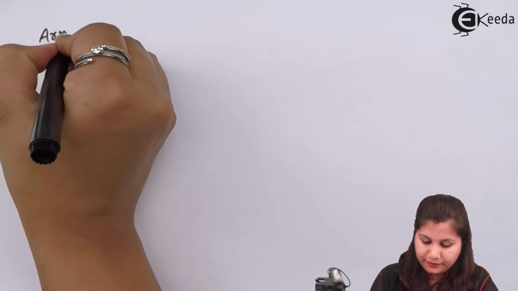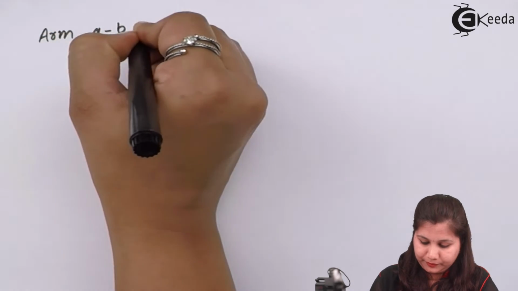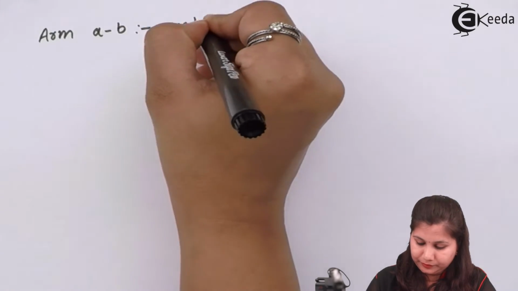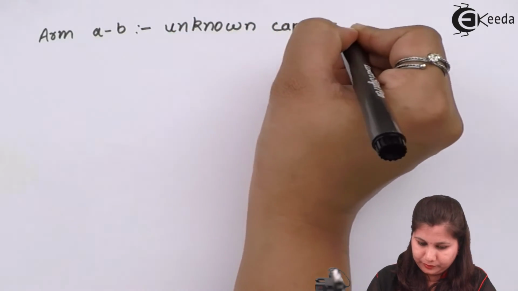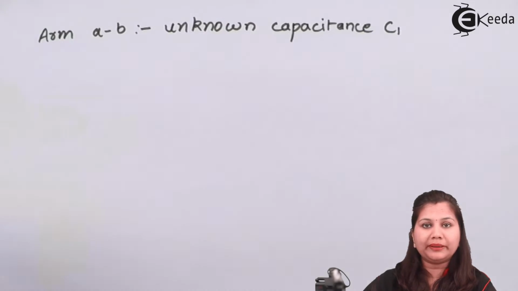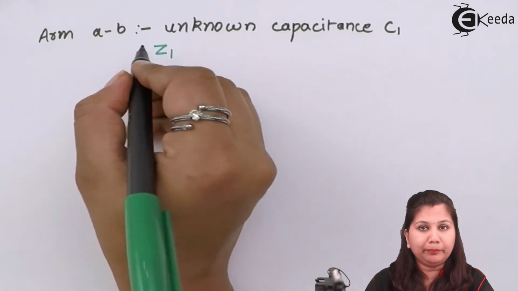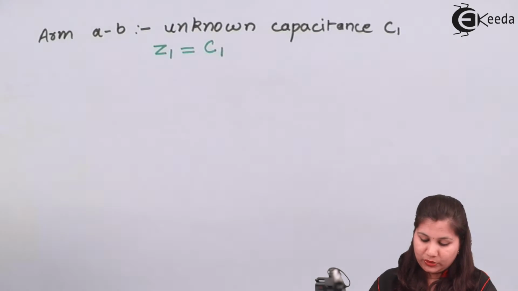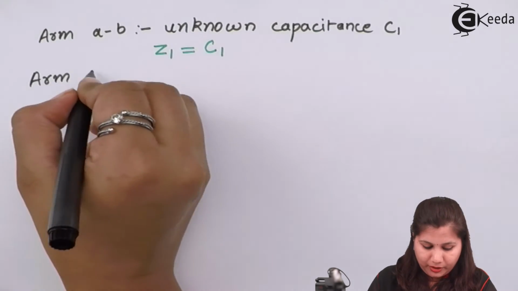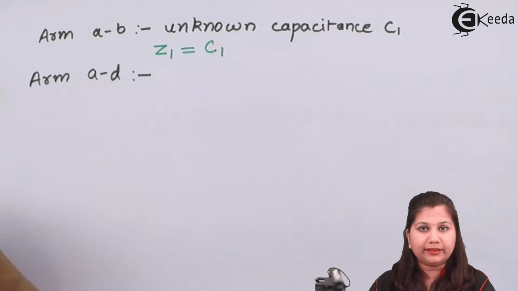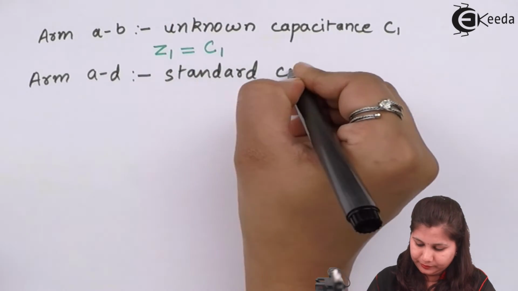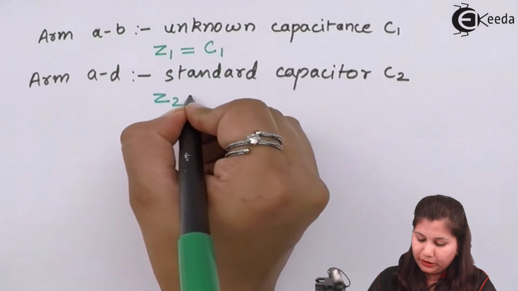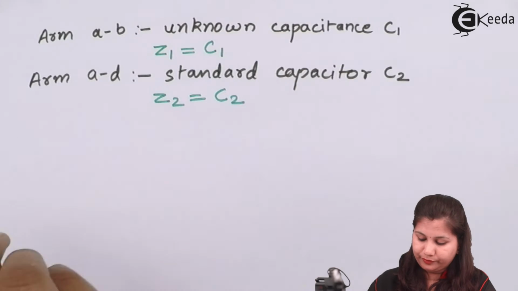Arm AB has the unknown capacitance C1. So the value of the Z1 impedance will be equal to this capacitance C1. Next we have the arm AD, so our Z2 impedance will be equal to this capacitor C2.